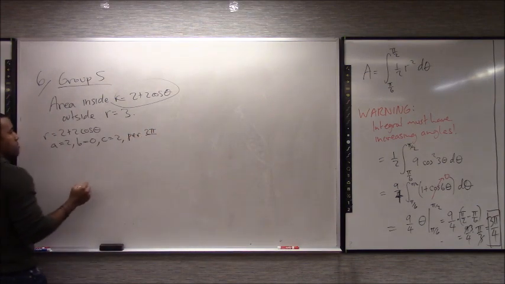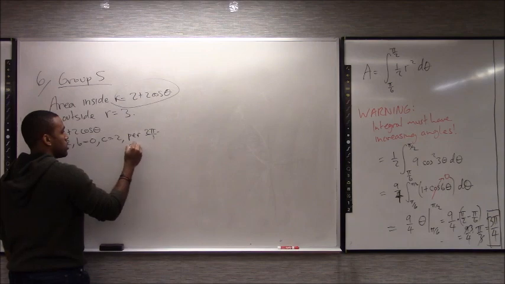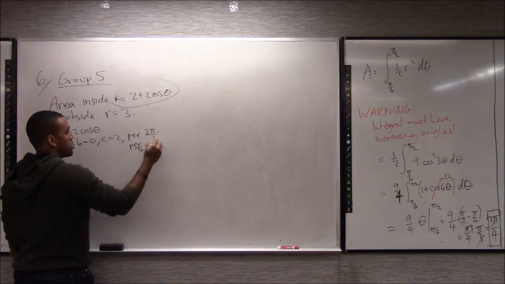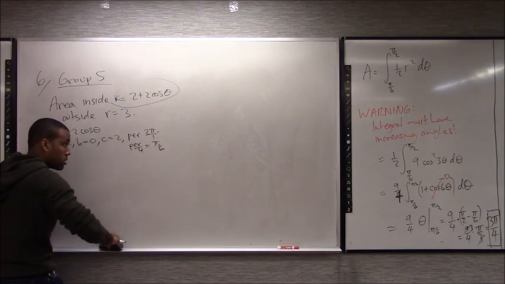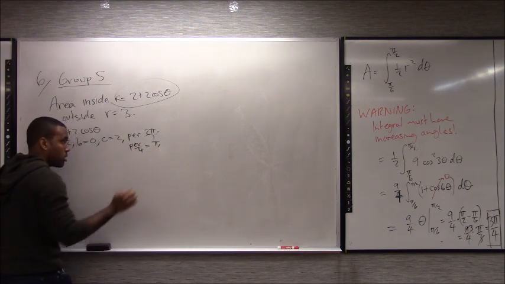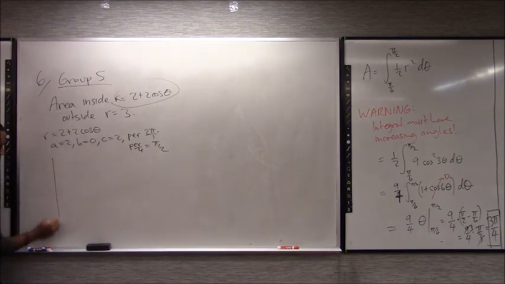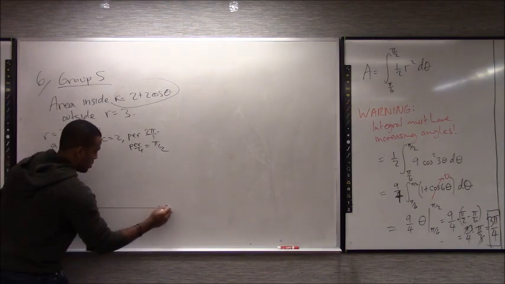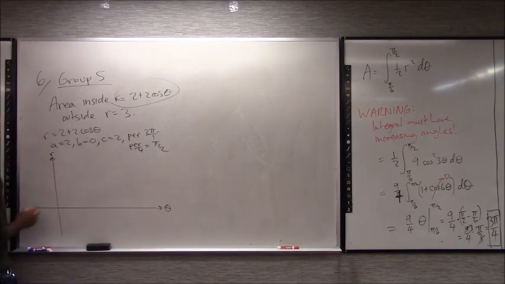So period over 4 is going to be pi over 2. So we're going to go home. This is theta, this is r. The center line is going to be 2.